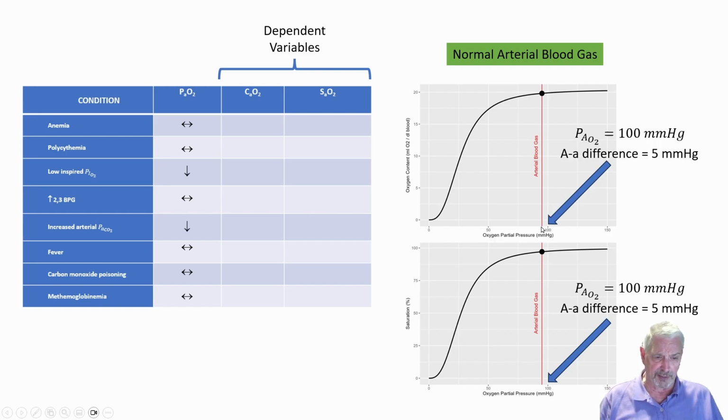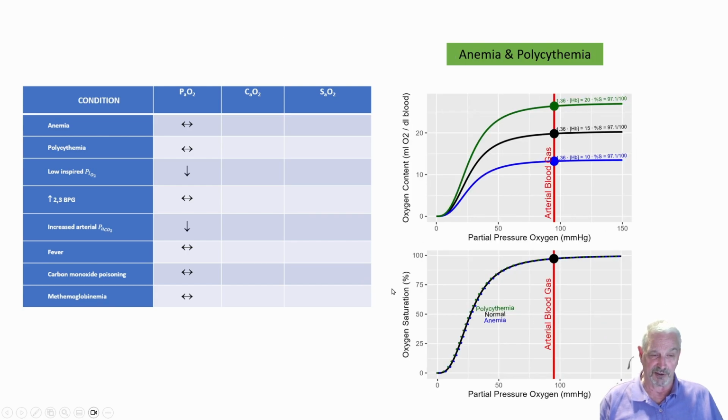And so arterial PO2 of 95 is a really reasonable value to look at to figure out where on the oxygen dissociation curve we should be operating when we take an arterial blood gas value. And so we're going to look at 95 as sort of the textbook value for our oxygen dissociation curve.